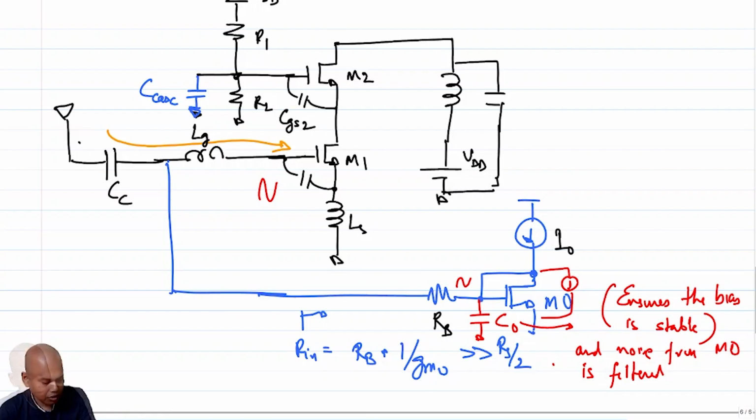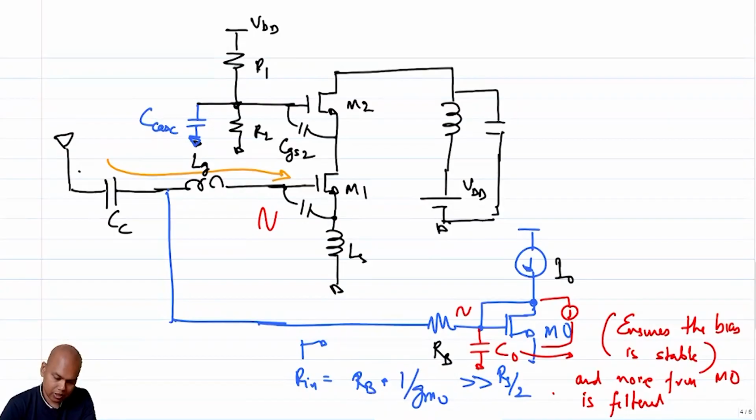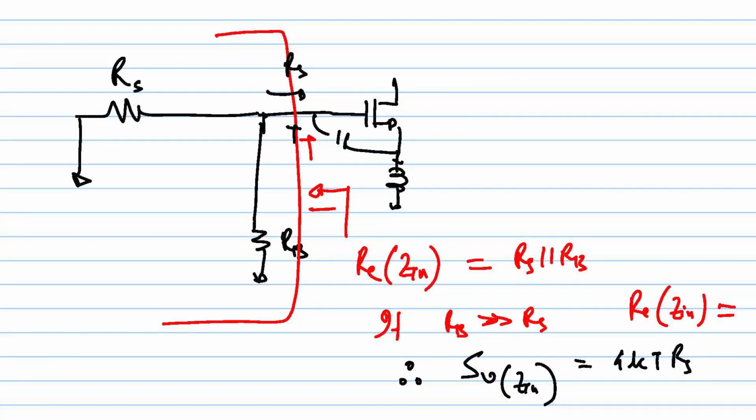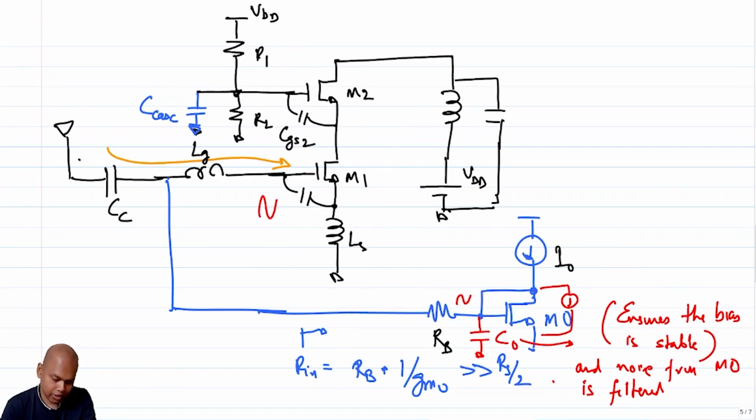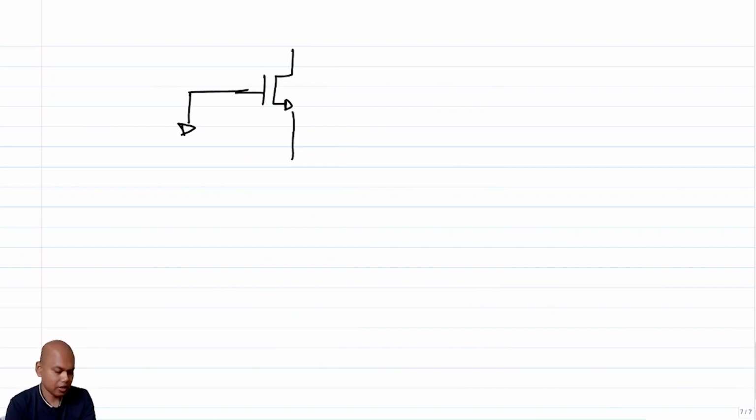What about the noise due to the cascode transistor? Okay, so let's look at the cascode transistor in isolation. What I'll assume is that this is grounded, because the assumption is that C cas is much greater than CGS of the cascode. So C cas is much greater than CGS cas.